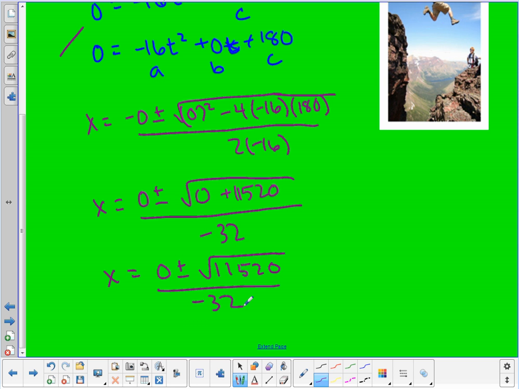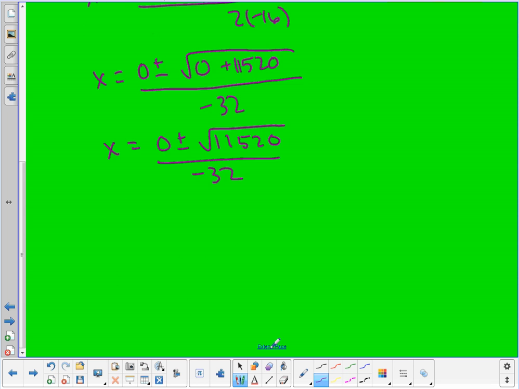Now take the square root of that 11,520. When I type that into my calculator, I get 107.3, all over negative 32. This is where it splits.